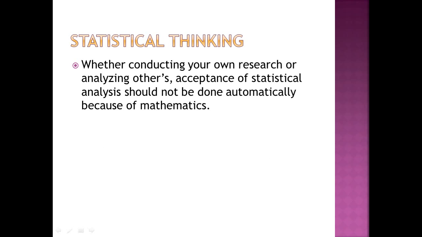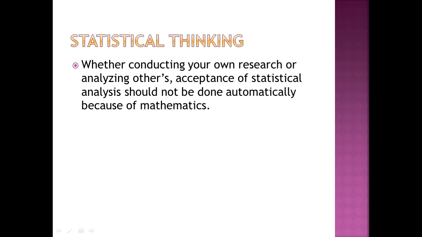Statistical thinking, you want to start right away when conducting your own research. You have to somewhat start to take that gray area into consideration. We talked about what's right and wrong, and sometimes there's a gray area. Well, how big is that gray area? And how much do you want to deal with that gray area?